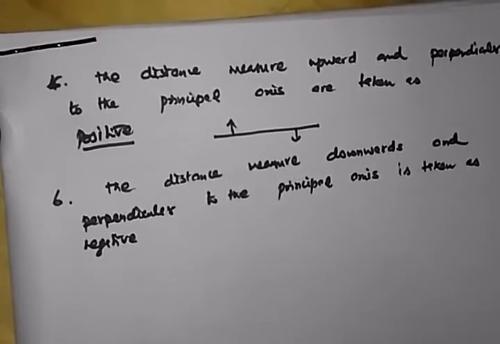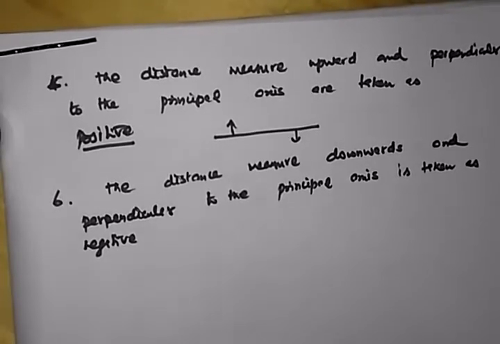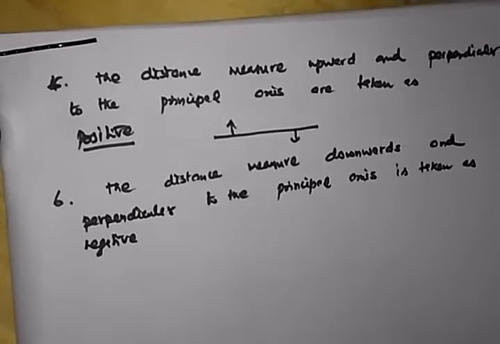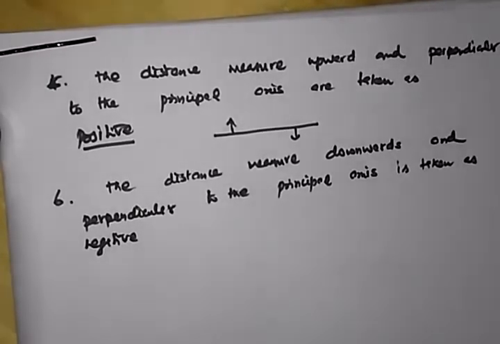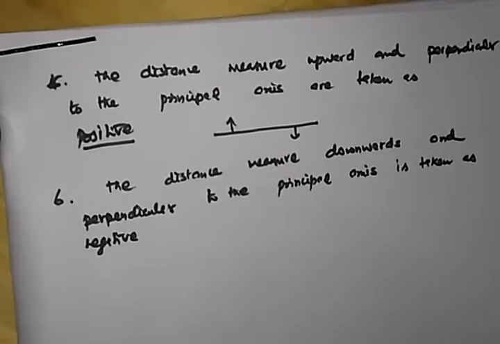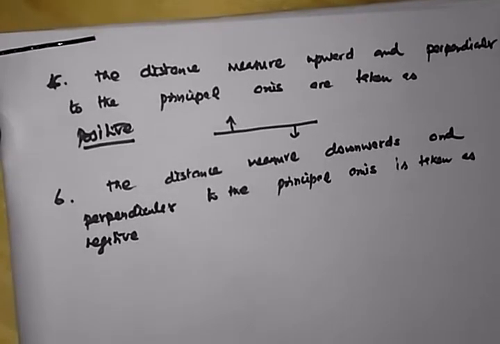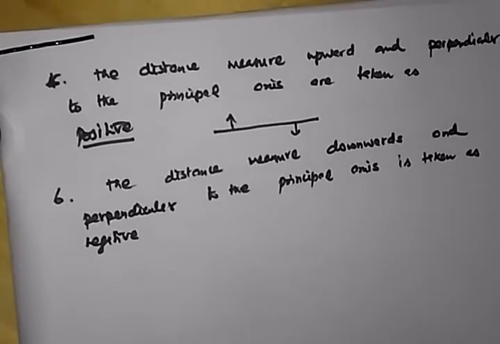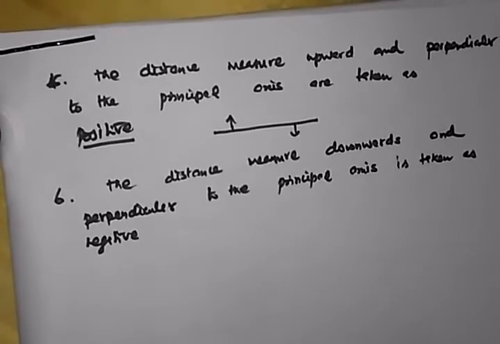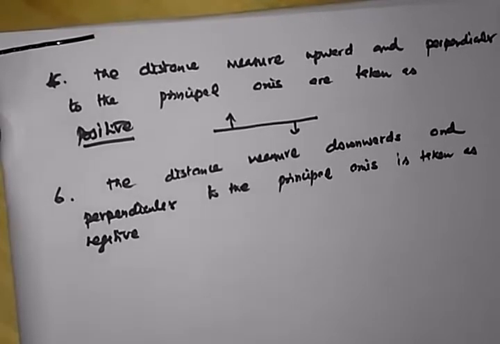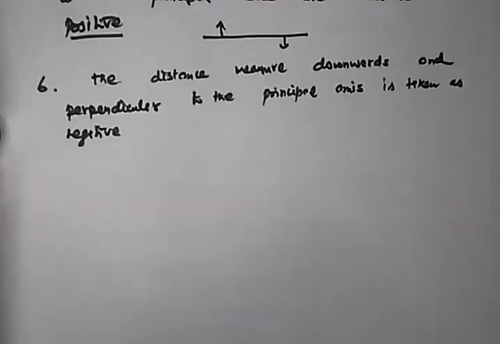The distance measured in the same direction as that of the incident light is positive, and against the direction of the incident light it is negative. The distance measured upward and perpendicular to the principal axis is positive, and downward and perpendicular to the principal axis is negative. Okay, next, magnification of a lens.